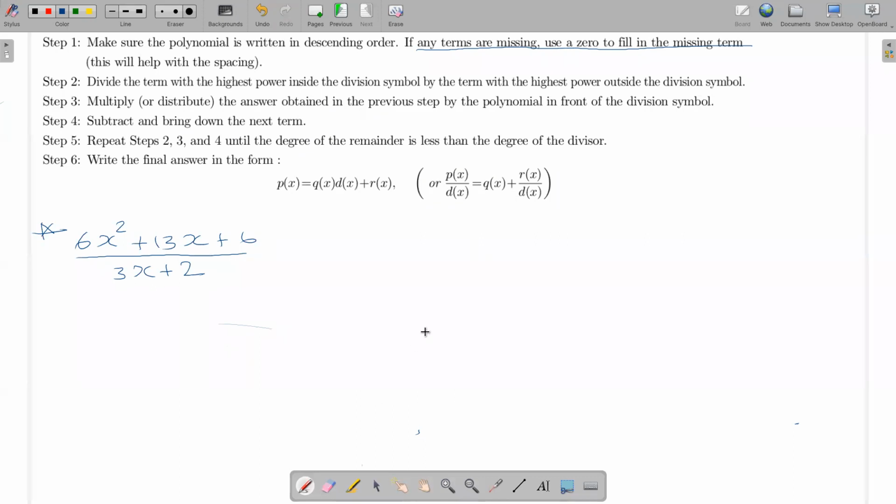here, here again we take the leading coefficient 3x.